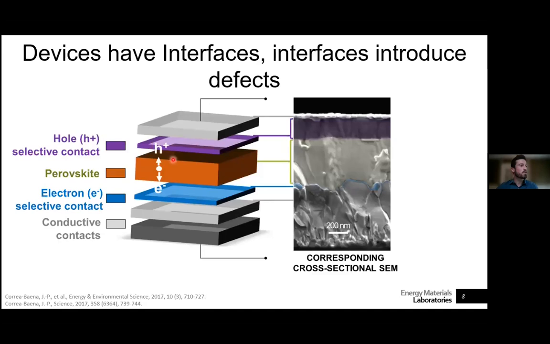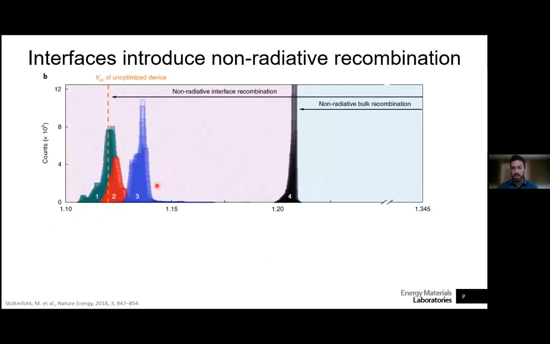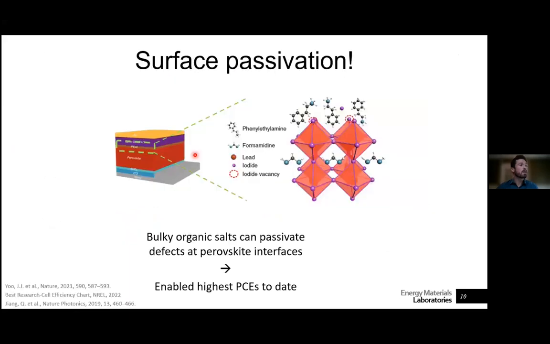Many different works have shown nicely that interfaces have an impact on recombination, which can be visualized by drops in the open circuit voltage of devices, as well as in their photoluminescence. If we were able to reduce this non-radiative recombination at interfaces, we would be able to harness higher power conversion efficiencies. And this has been done in different works.